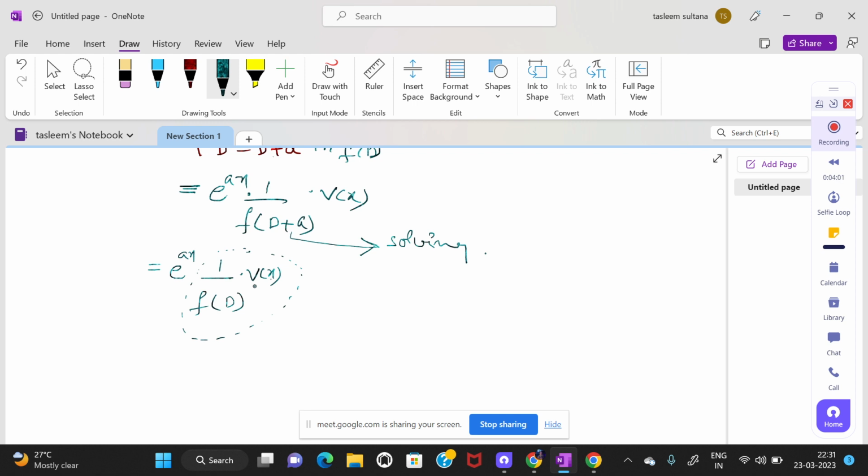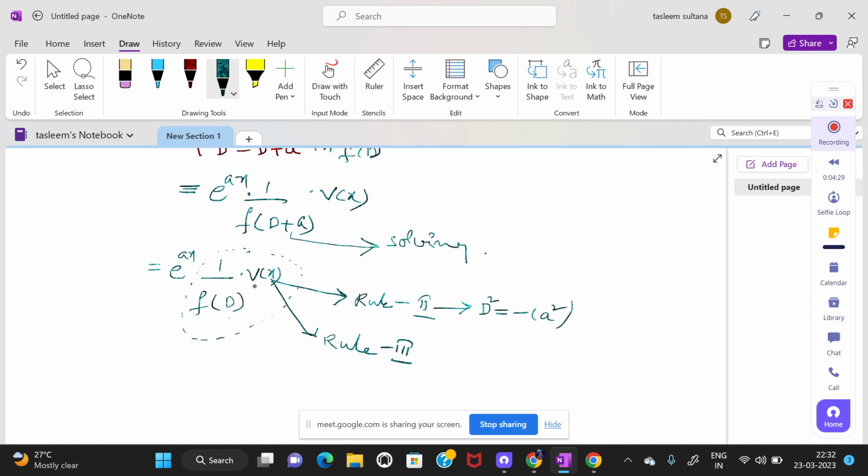Now he is going to see whether this v of x is in the form of rule 2 or rule 3. According to that rule, he is going to apply that method. In rule 2, you cannot substitute for a single D. D square is equal to minus a square, you are going to substitute.